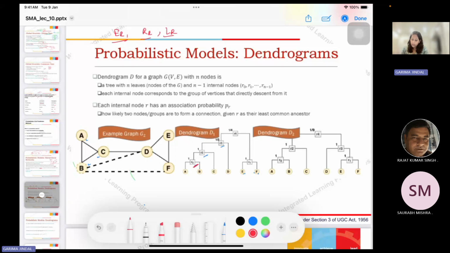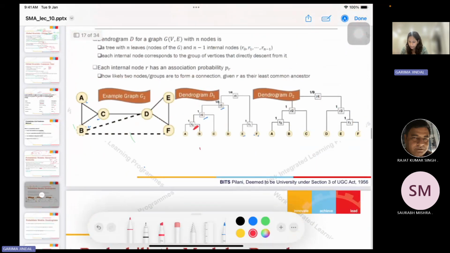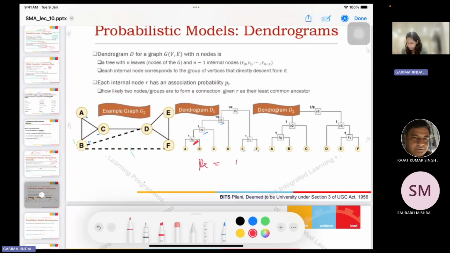The formula is not given in your slide, so let me write it down. The probability is ER upon LR into RR. This is the formula for your probability at each node.